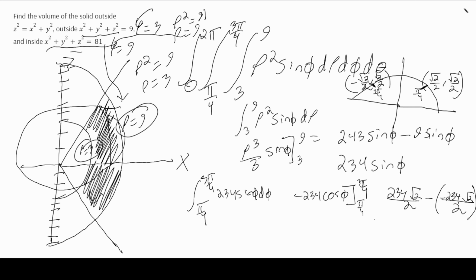Now this becomes 234 divided by 2 is 117, so 117 plus 117 is just 234.